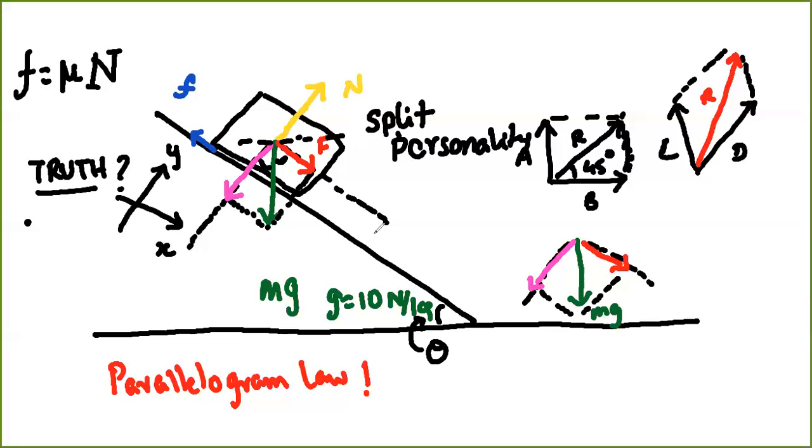We don't need to go into that. There's a rule: as the slope increases, you will find that the normal reaction force will reduce and the F will increase. As the slope decreases, the normal reaction force will increase and the other force will keep decreasing.